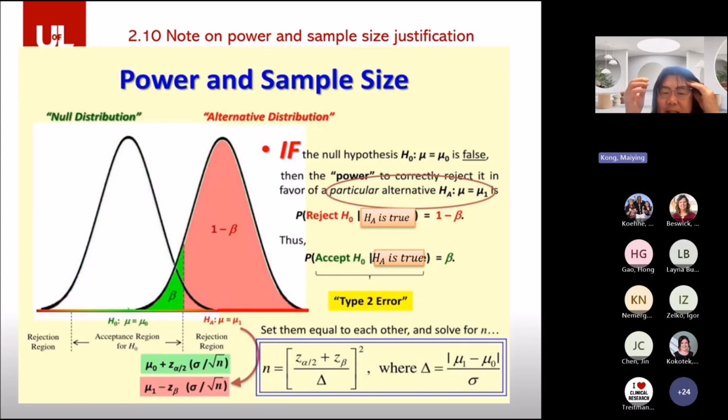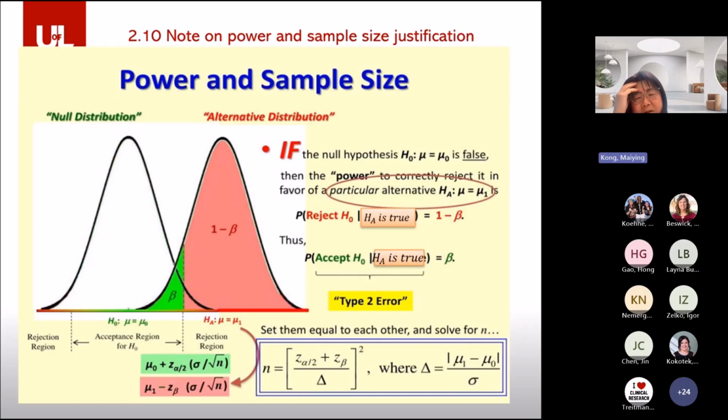We have a null hypothesis and an alternative hypothesis, like the distributions, the null hypothesis being the blue one and the alternative hypothesis the red one. The power is actually a probability. If the mean of the alternative red one is mu1, the probability that we reject the null hypothesis H0 is the power.